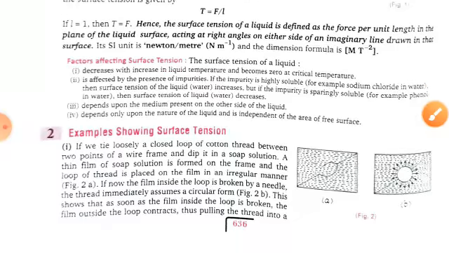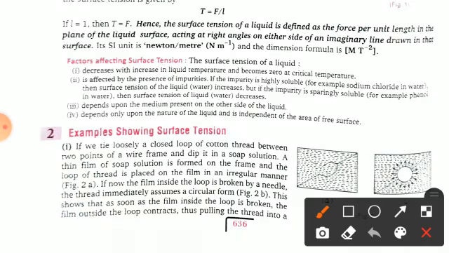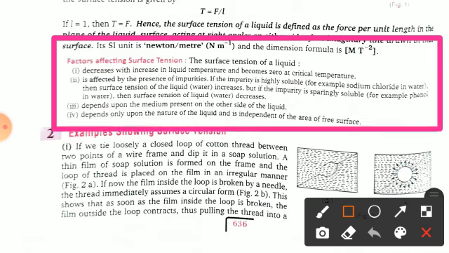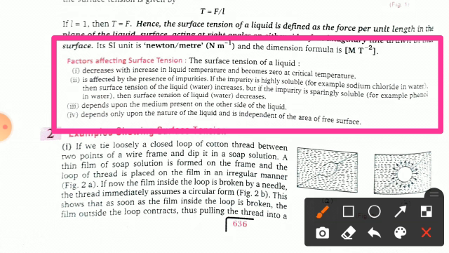Now what are the factors which affect the surface tension? Here you can see a few factors. Kindly read them. The first one: it decreases with increase in the liquid temperature and becomes zero at the critical temperature. The second one: it is affected by the presence of impurity. If the impurity is highly soluble, for example sodium chloride in water, then the surface tension of the liquid increases.